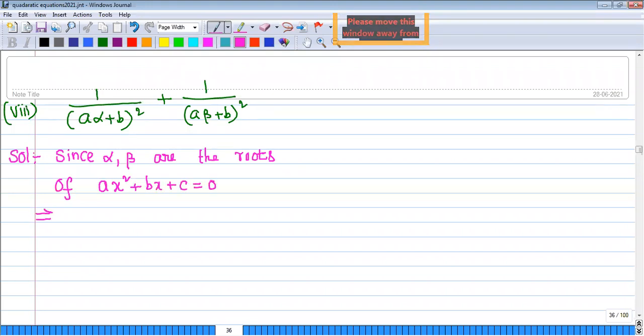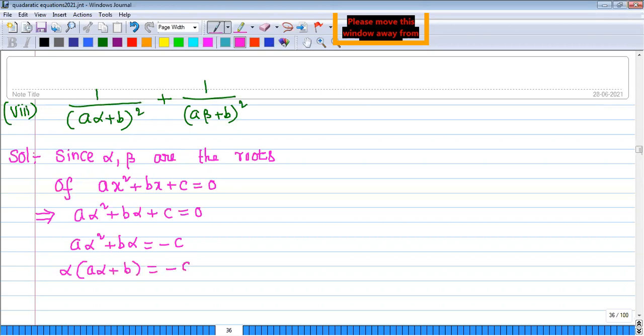That implies alpha must satisfy it. So we get A alpha square plus B alpha plus C equals 0. Transpose C: A alpha square plus B alpha is equal to negative C. Alpha common, A alpha plus B equals minus C. So A alpha plus B equals minus C upon alpha.